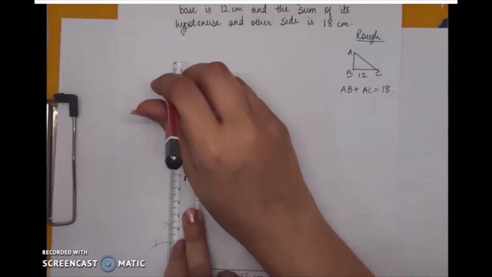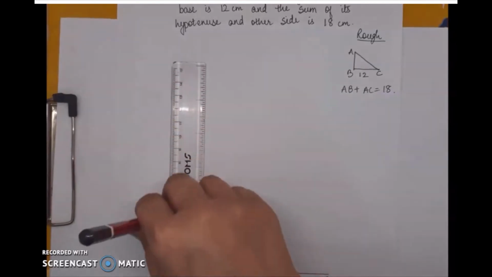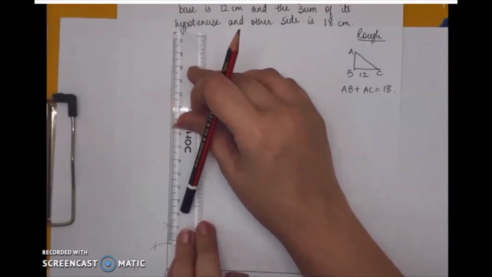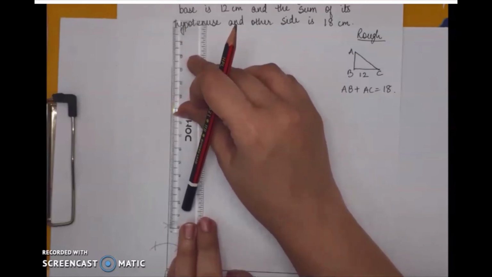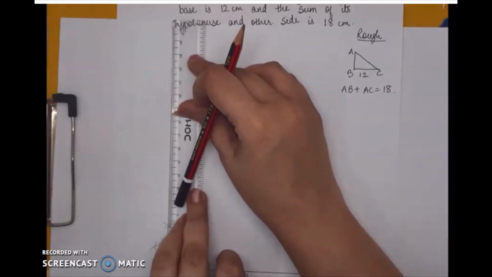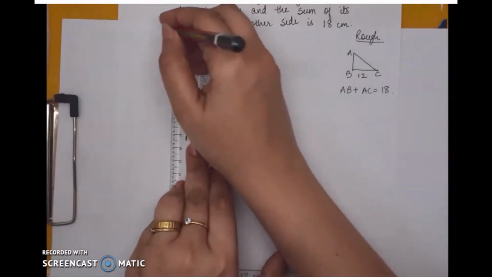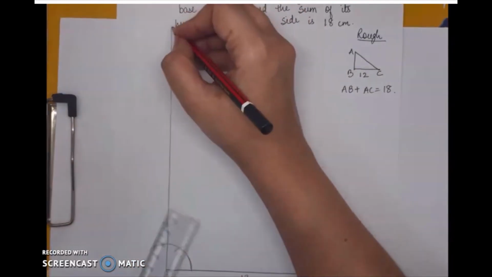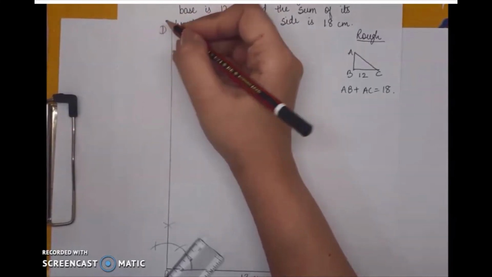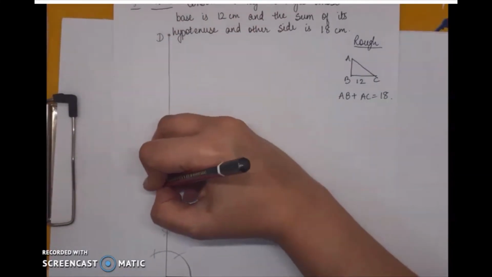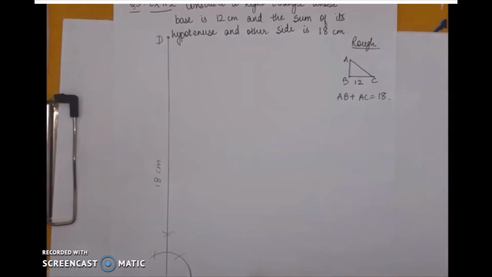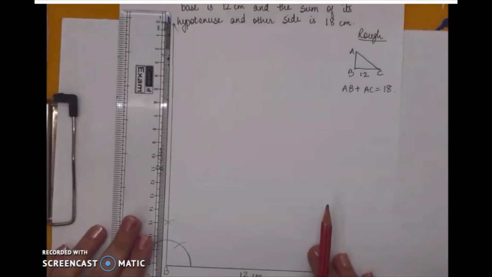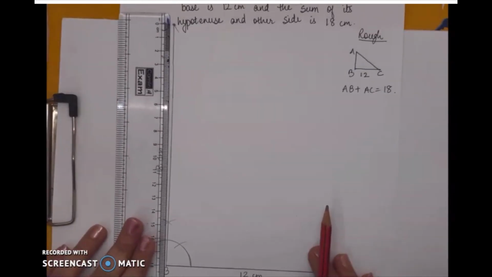So this is till 15 and then I have to extend by another 3 centimeters because this is 15. So another 3 centimeters to make it 18. Now this point will be marked as D. So BD is 18 centimeter. So exactly it is 18.